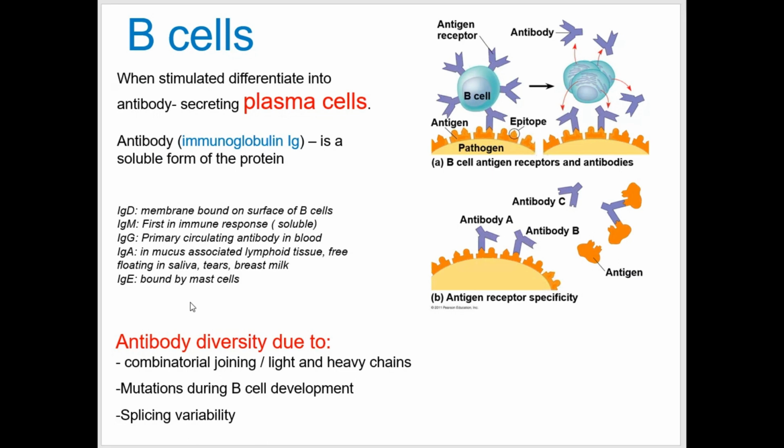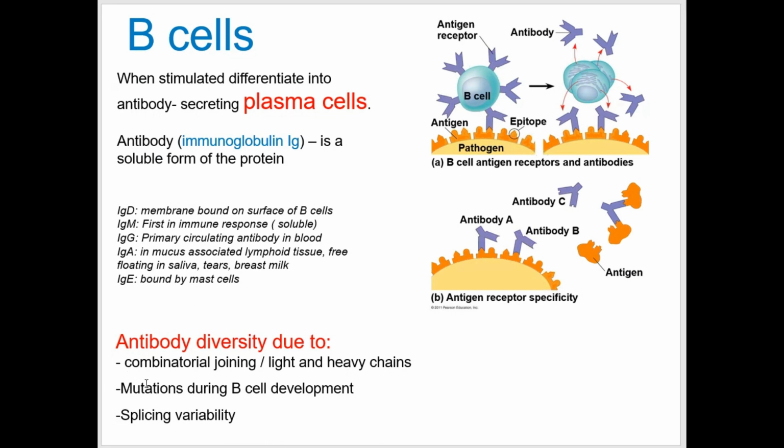So you can see right here we have different variety of those. You can pause and read and see where they are and what function they carry out. But what I do want you to know is we have a huge diversity of antibodies. And the reason that we have this diversity is because of the way these proteins come together, the combinatorial joining, and there's light and heavy chains, because those are going to be put together to form the antibody, that specific Y shape.